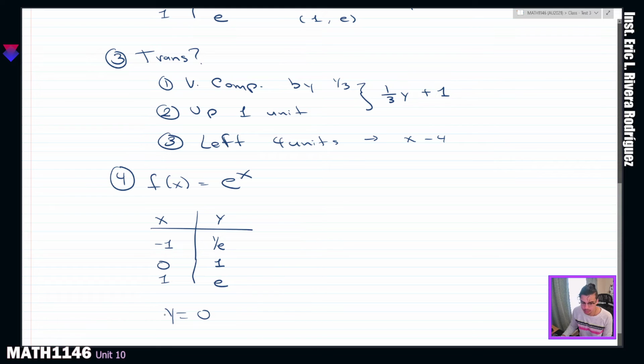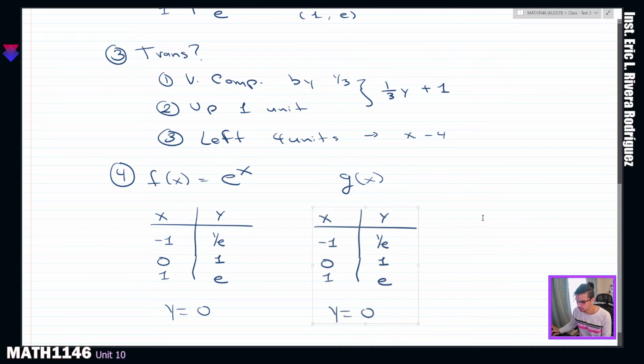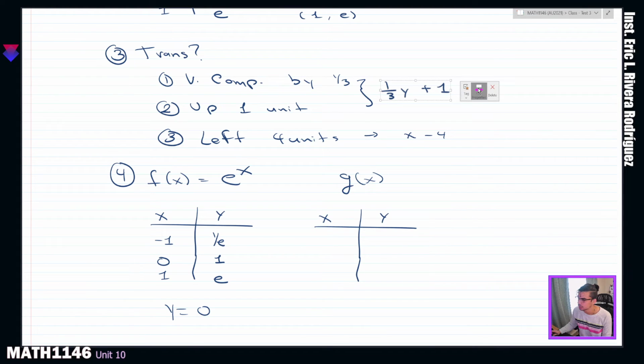Remember, y equal to 0 is the horizontal asymptote. So we are going to do this now, and I will use colors because I don't know why I'm not using more colors today.